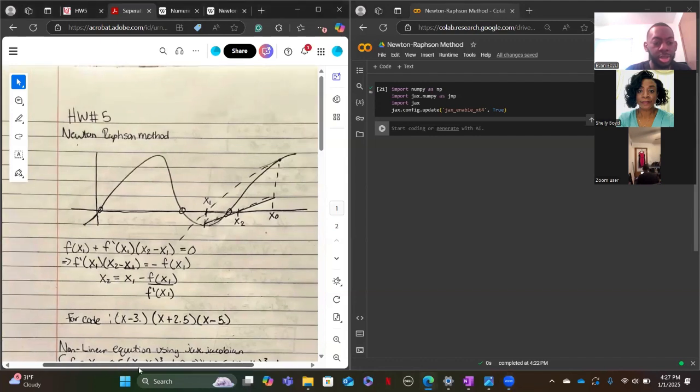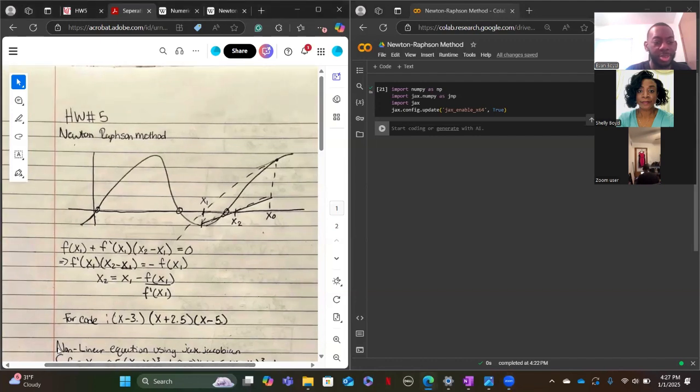It's zoomed in because the next part is actually on here, the nonlinear equation using Jacobian. The second part of part A is on the paper as well, but I will just be showing the first part for now. You remember we have our graph, still terribly drawn.